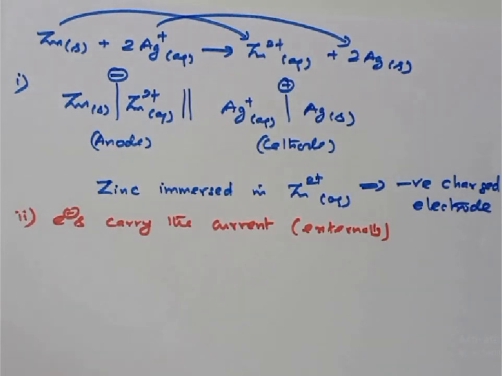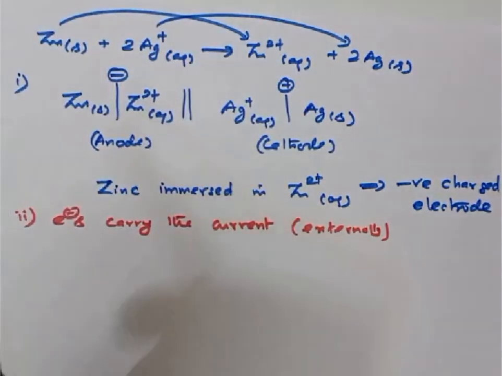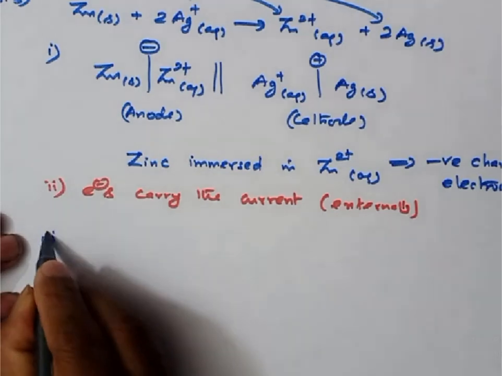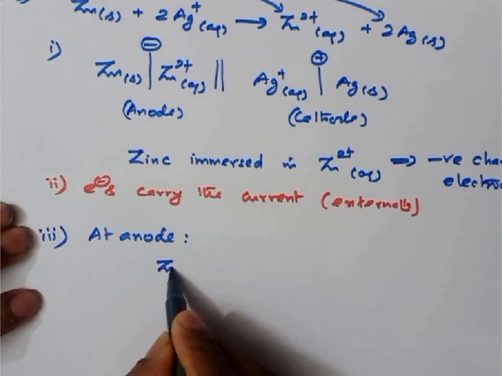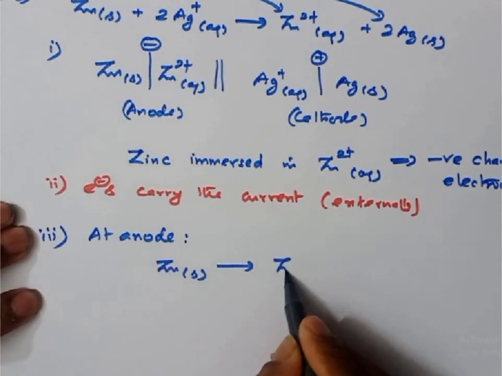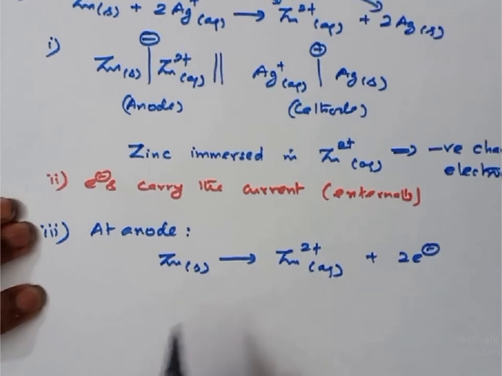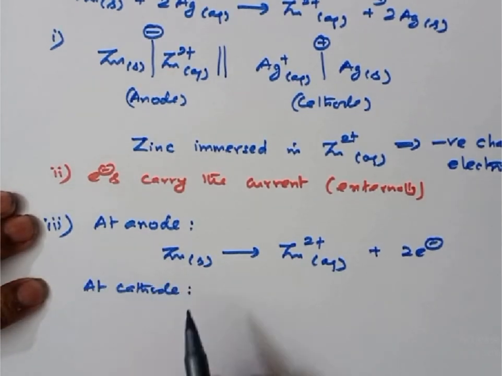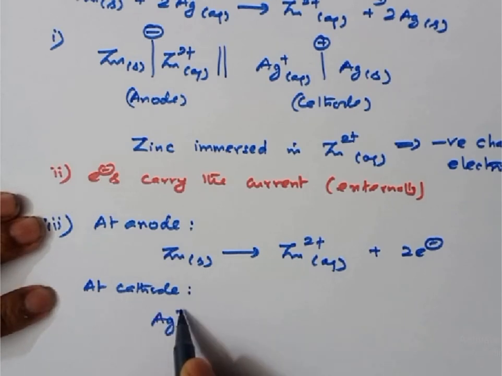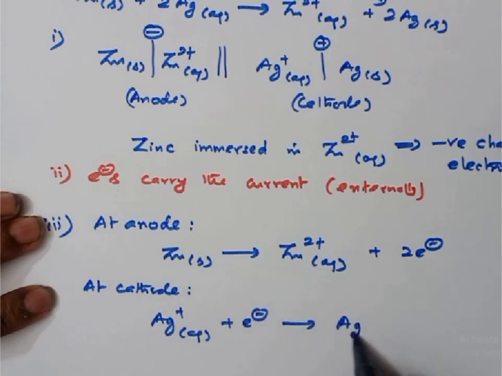Then one more question they have asked: the individual reactions at each electrode. Question number 3, very simple. At the anode, zinc solid loses 2 electrons and becomes zinc ion. Then at the cathode, Ag+ ion present in solution gains an electron and becomes Ag solid.